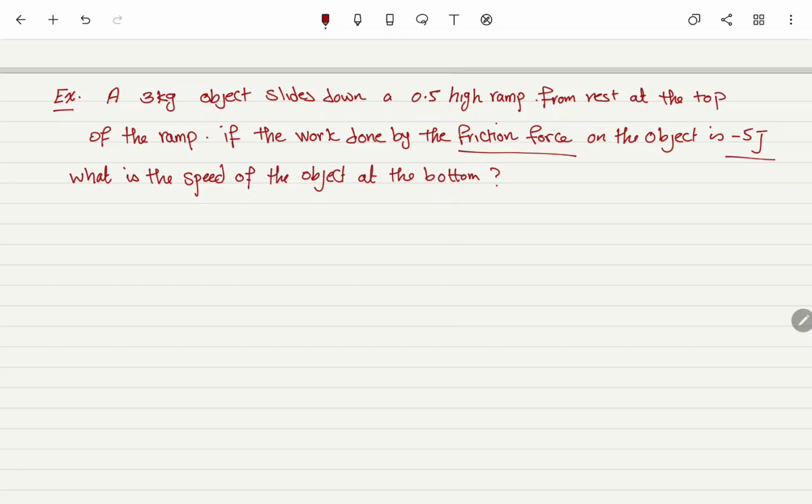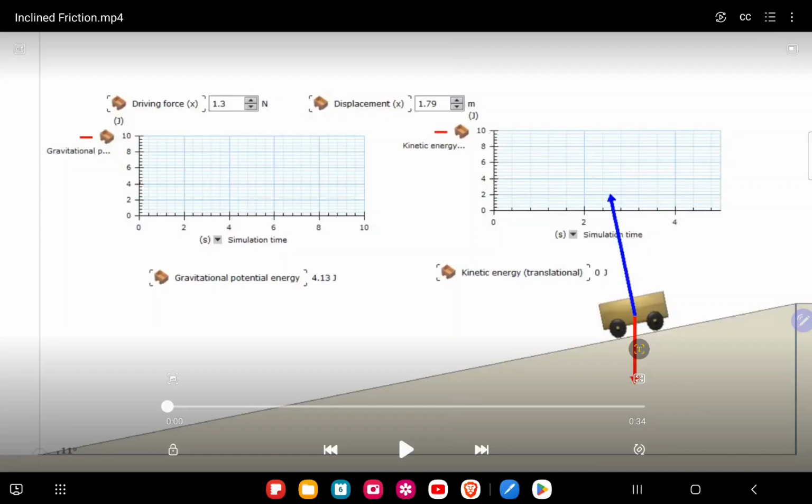Before going through this example, let's have this model. In this model, a cart is located at the top of the ramp, starting from rest. The initial kinetic energy is equal to 0, and the only energy we have is gravitational potential energy, equal to 4.